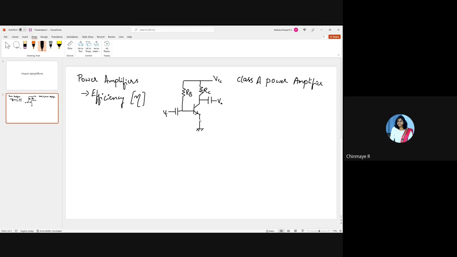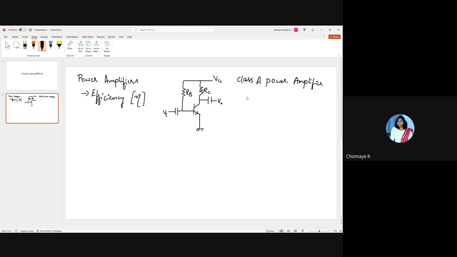But you do not want that to happen, right? So the efficiency is low, and therefore it's hardly used. But since it's part of your syllabus and we need to study all kinds of amplifiers to better appreciate power amplifiers, we'll study even this.